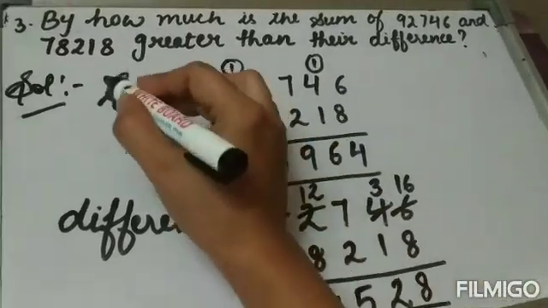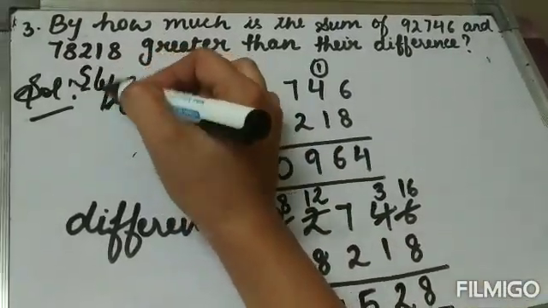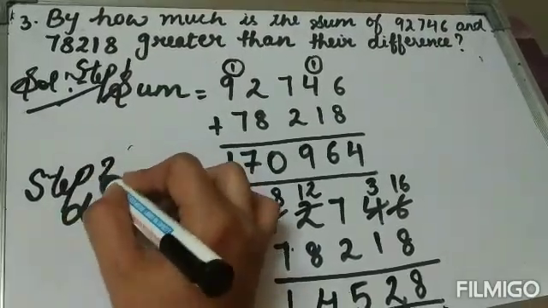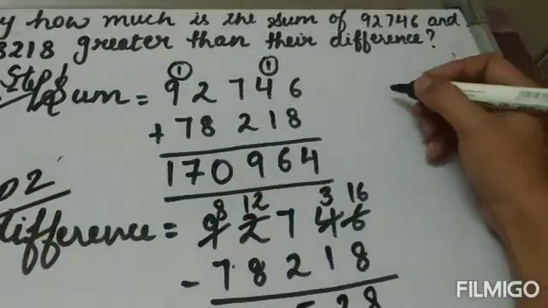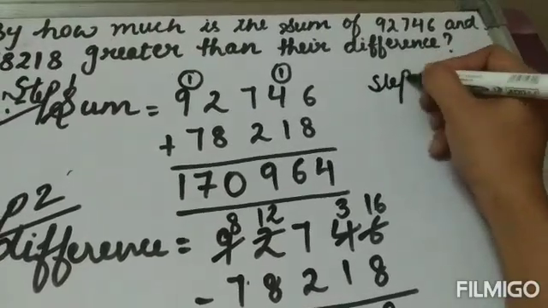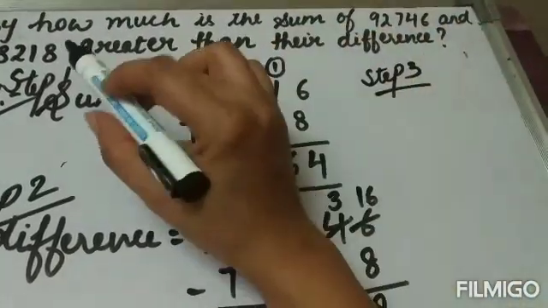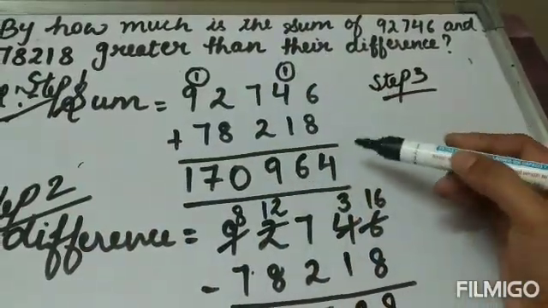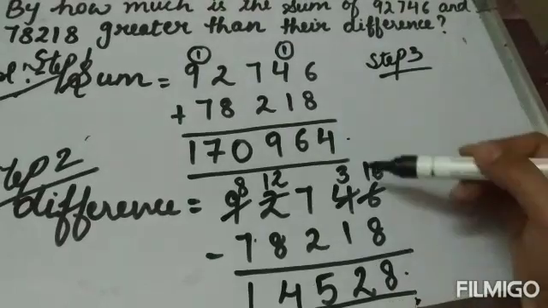Now this is our first step. Step first. This is step second. We will find difference. Now third step. Step third is, how much is the sum of this and this greater than their difference? We have to find the difference between these two numbers.